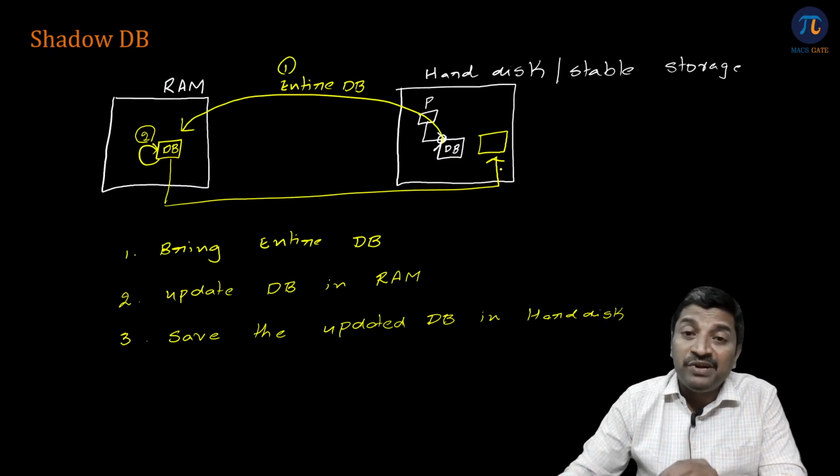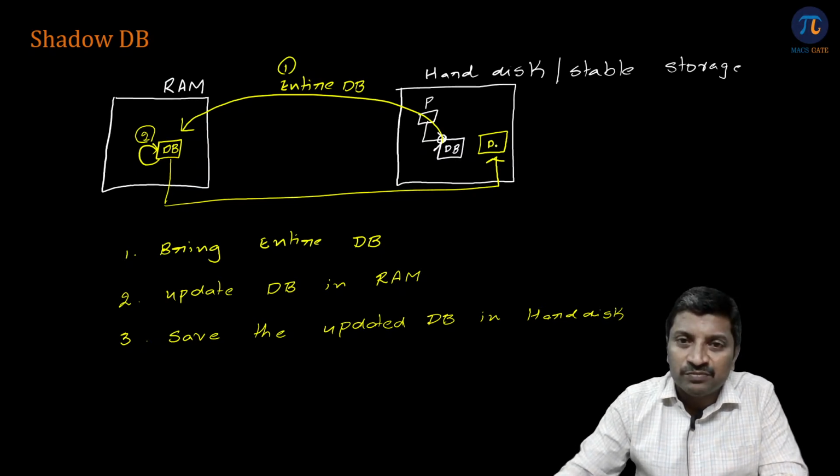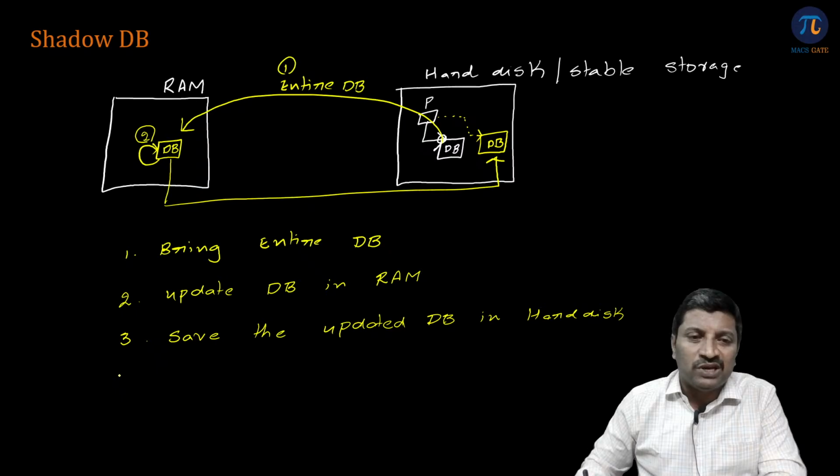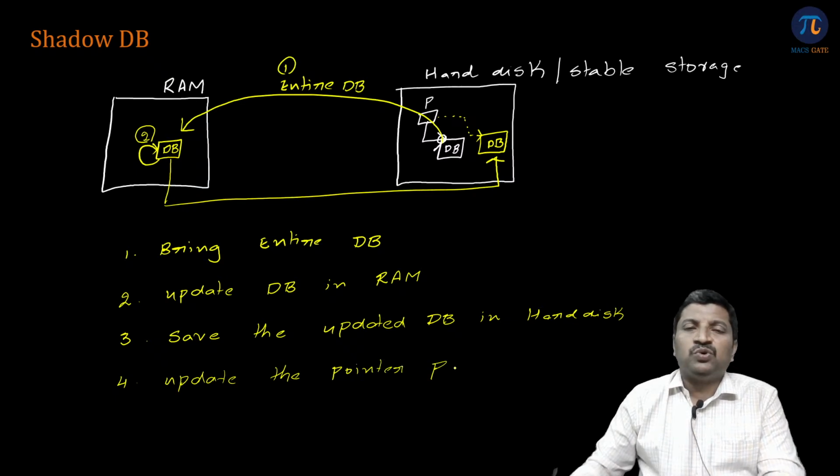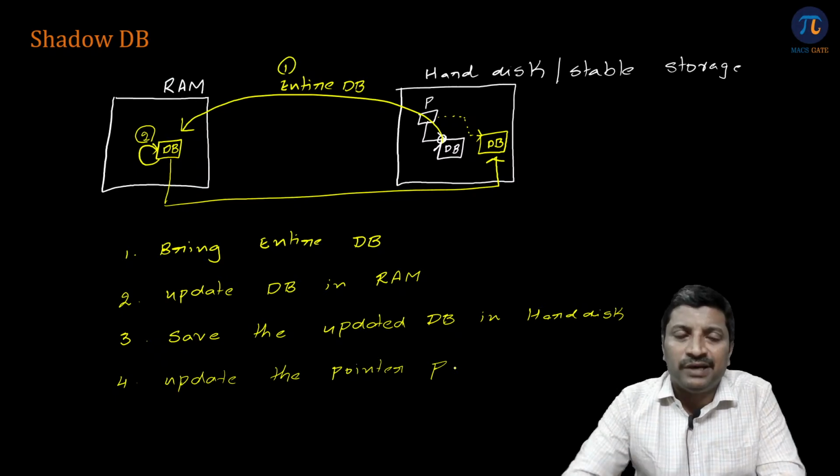Now our updated database is this one, so the pointer should point to the updated database. What should I do? I need to update the pointer P, so it will point to the updated database.